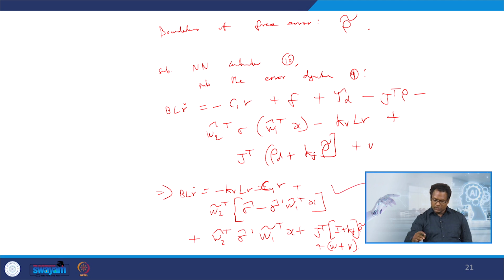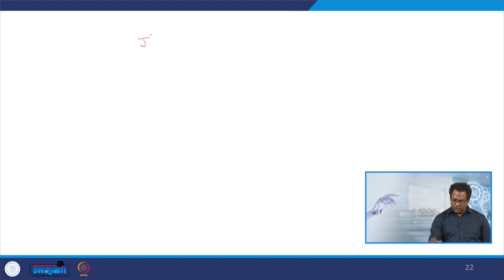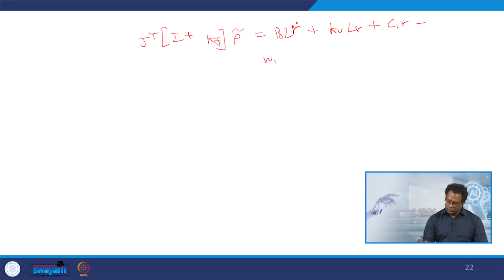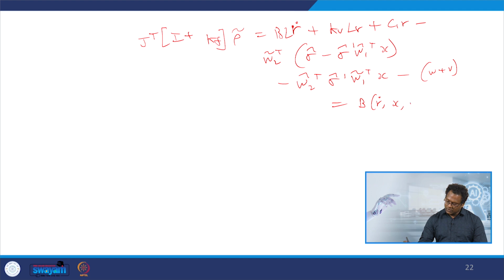Now, this equation can be written as J transpose into (I plus K_F) multiplied by the force error rho tilde equal to B L r dot plus K_V into L r plus C1 into r minus W2 tilde transpose multiplied by (sigma hat minus sigma hat prime W1 hat transpose into X) minus W2 hat transpose sigma hat prime W1 tilde transpose into X minus w plus v, which is equal to B into r dot, X, Z tilde.